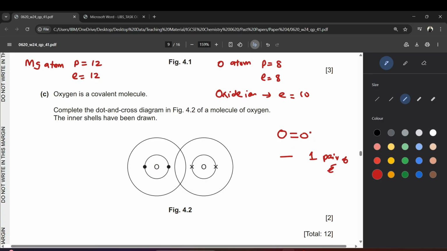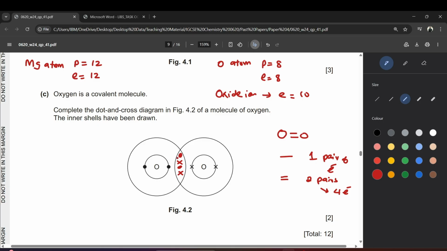So one from this oxygen, one from another oxygen. But because there is a double bond, that will be two pairs, so in total there will be 4 electrons being shared. Let me first draw 4 electrons over here: a dot, cross, dot, cross.